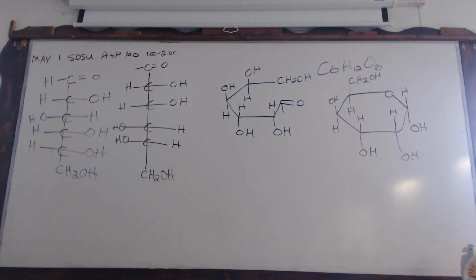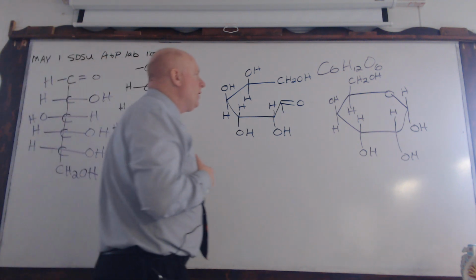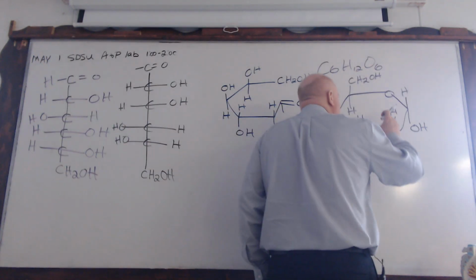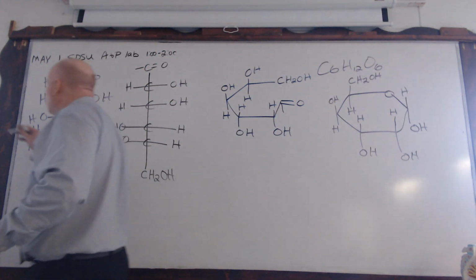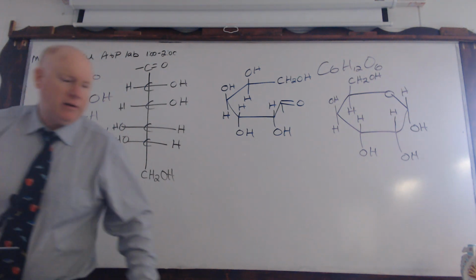So it has the exact same formula as glucose, but what do you notice that you see on your paper? Are they written the same as the same structure? No. So you could presume that these are isomers of one another, or just say that they're totally different structures. Okay. I'm not quite sure which monosaccharide that would be.